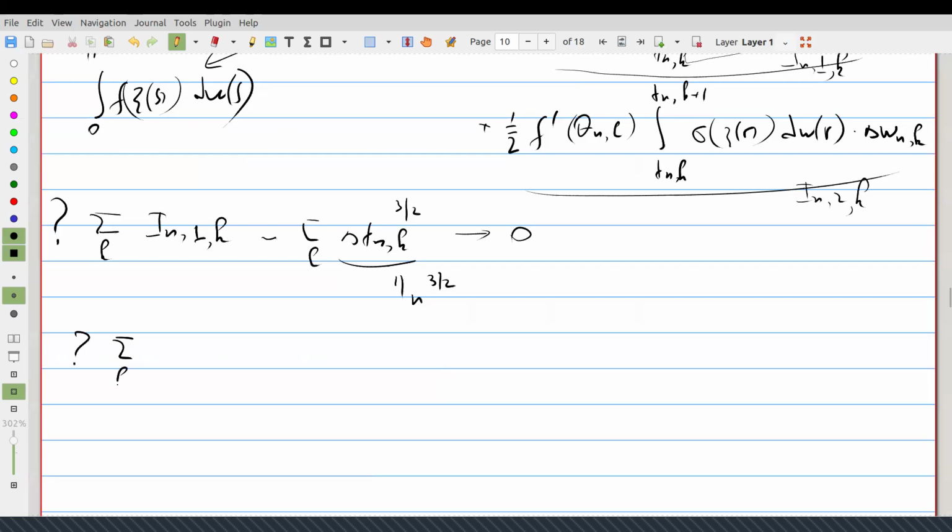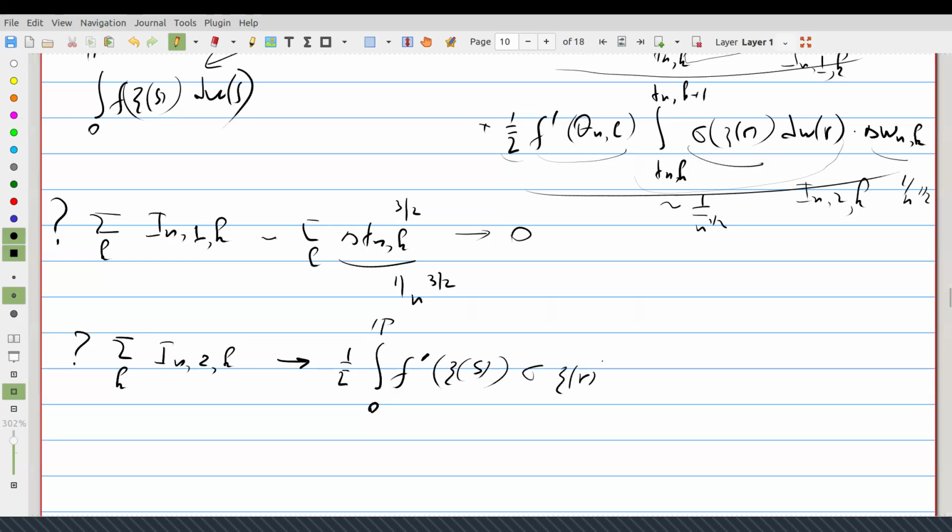And if you consider the second term, again, this is something that should be convergent. This is again of order 1 over n to the power 1/2. But this is a stochastic integral. So this should contribute to the limit. And this indeed contributes to 1/2 integral from 0 to t capital f prime psi of s sigma psi of r.